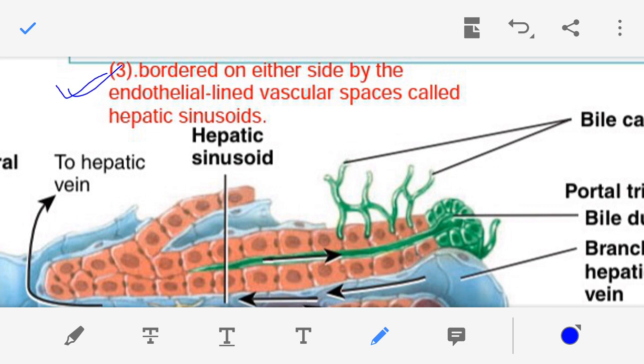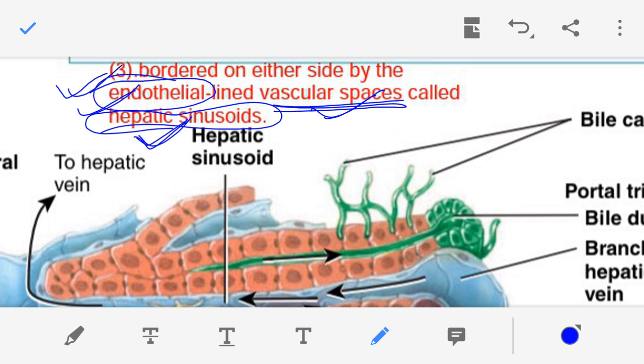Bordered on either side by the endothelial lining are vascular spaces, the hepatic sinusoids. First, what are hepatic sinusoids? Hepatic sinusoids are vascular spaces, and these spaces are surrounded by endothelial cells.